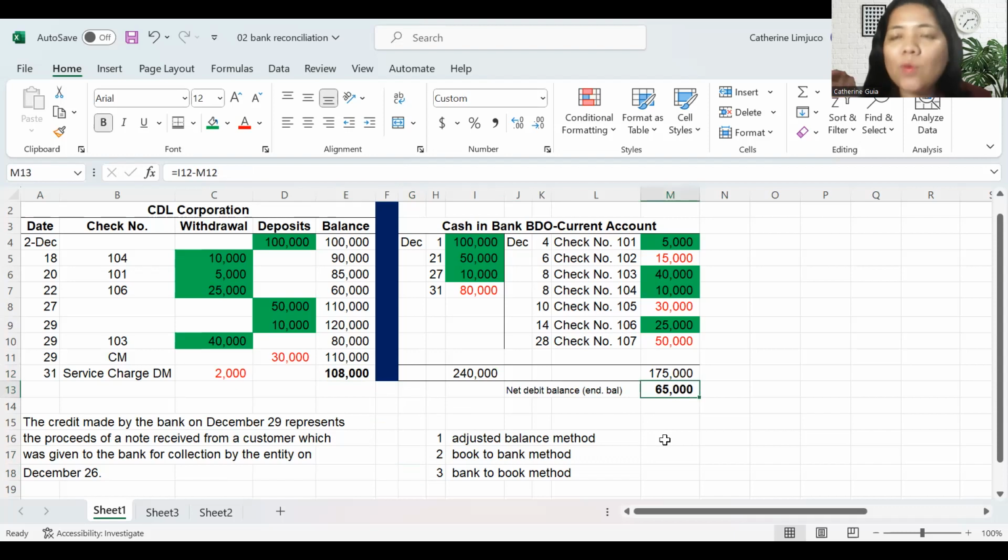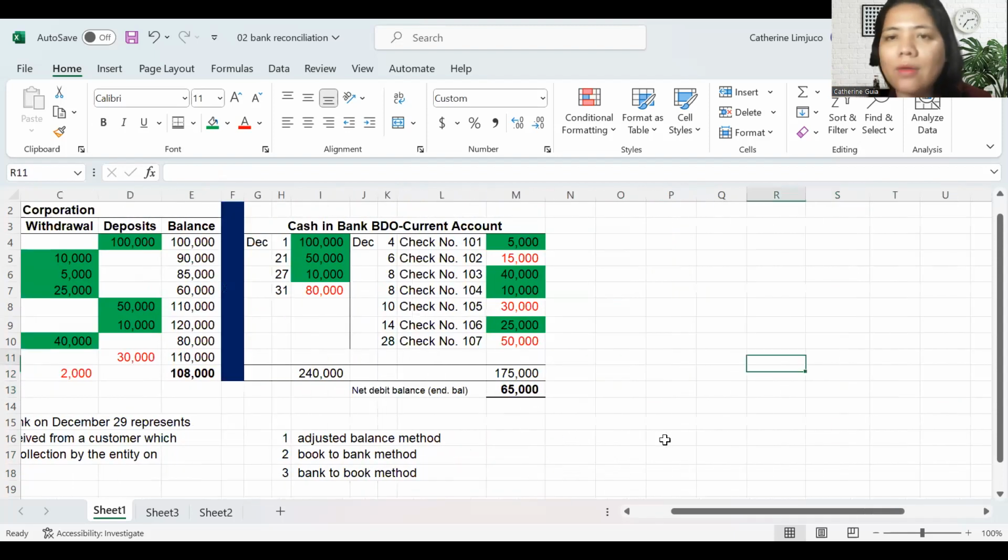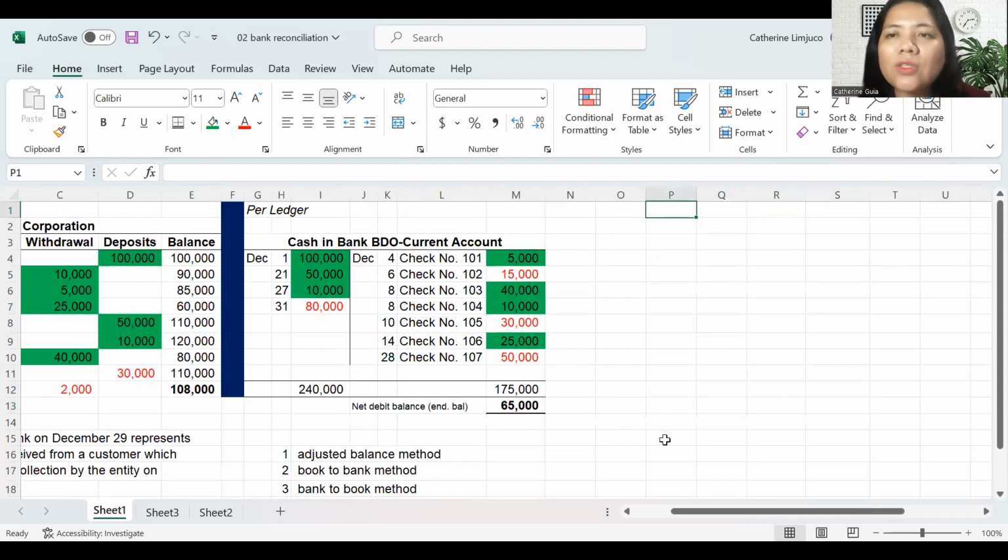But at this point, we will start with our preparation of bank reconciliation using the adjusted balance method. And since bank reconciliation is a statement, when we prepare this statement, we should have a header to indicate what type of statement or report we are preparing.